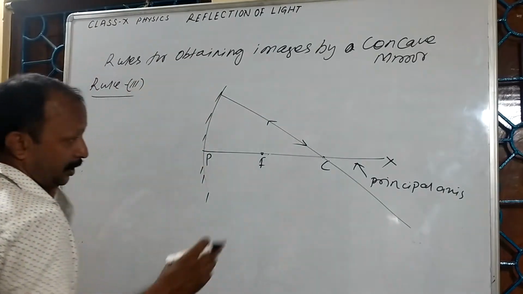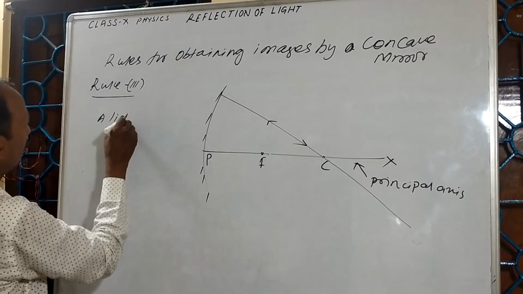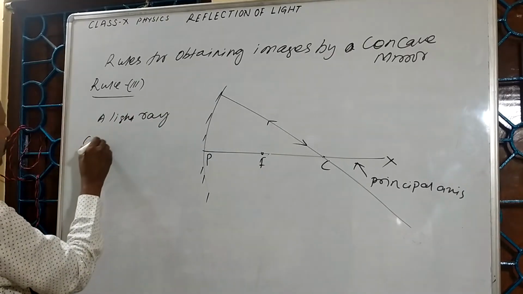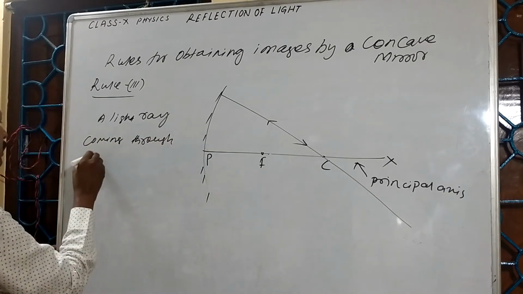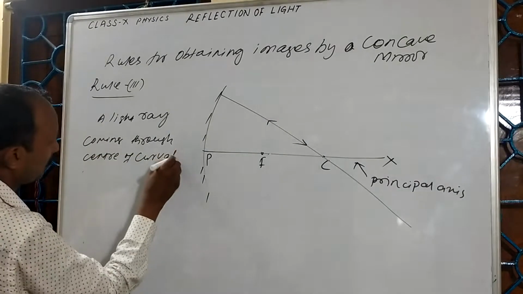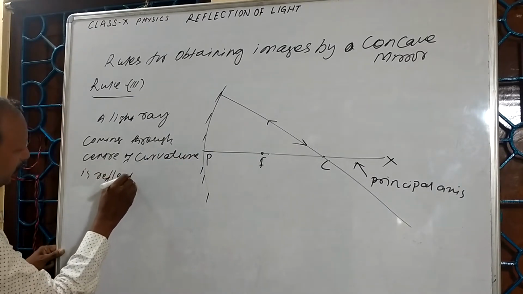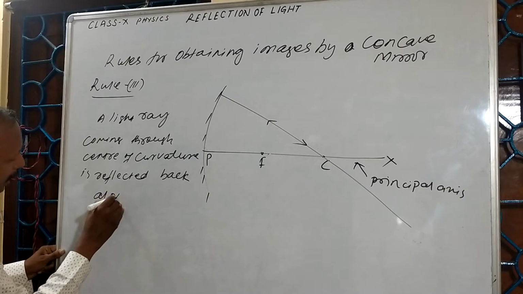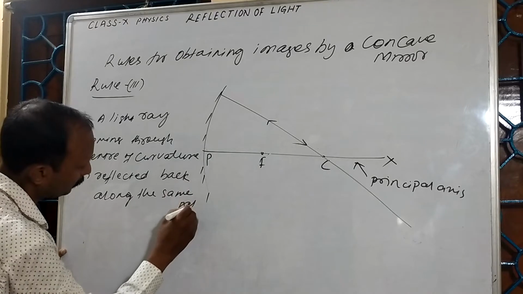So the third rule, I can say that a light ray coming through the center of curvature is reflected back along the same path.